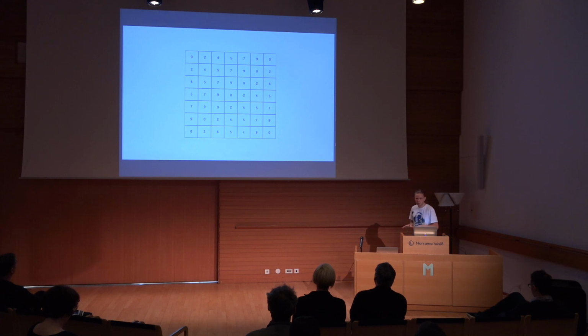You have a playing field, and each field has a certain number on it, and I interpret this number as a note in a musical scale. So 0 is the root note, maybe in the key of C major, that's C, and 2 would be D, which is 2 semitones from C.